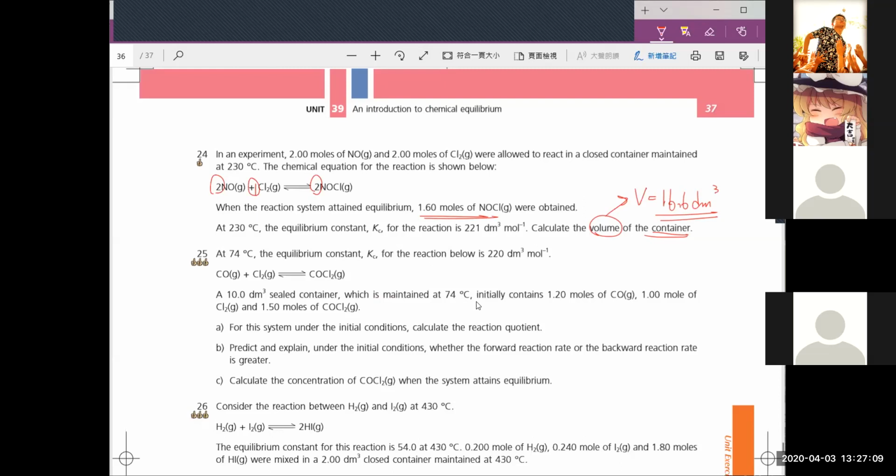So with this 1.60, you may find that we have a minus 1.60 mole for this part, producing 1.60 mole. While for this part, it will have a minus what? 0.800 mole. This is how you approach the problem. I do the same thing as question 23, and here comes the answer, 16.6.